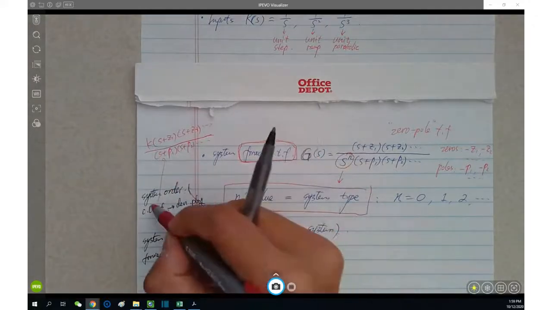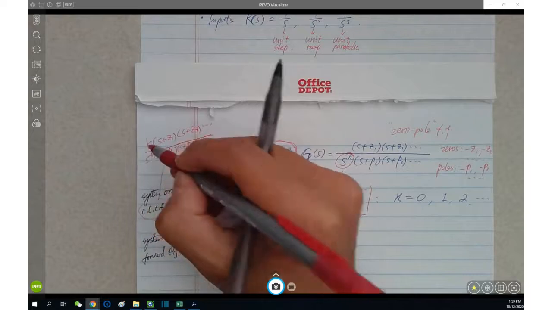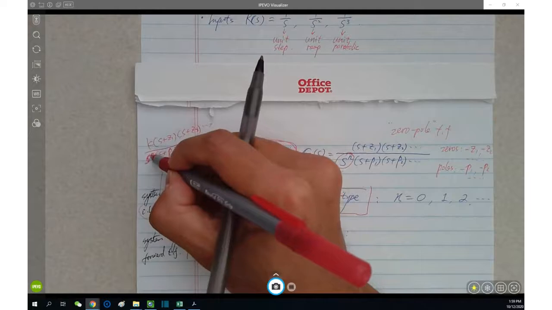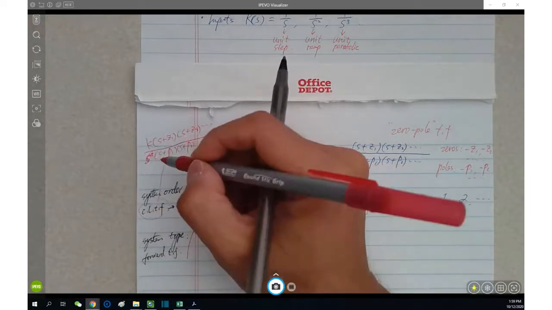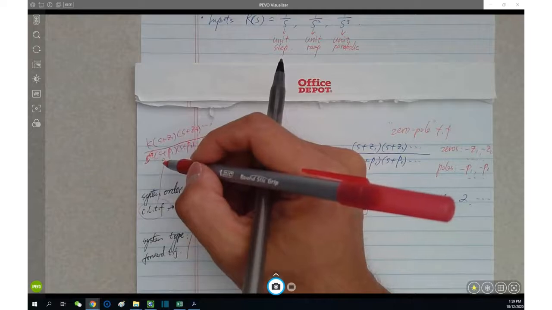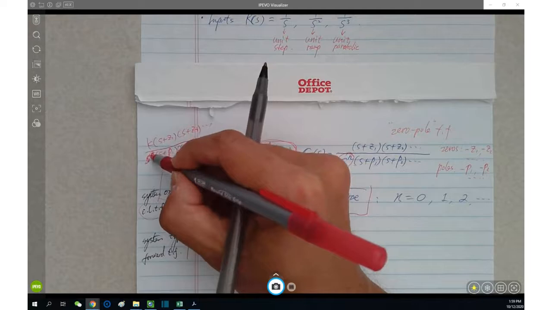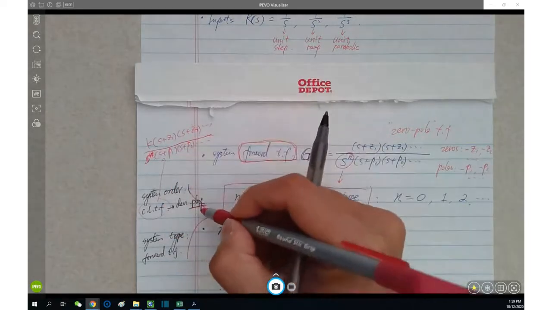However, if you have S term in the denominator and the order of it is n, that n is not the system order yet.